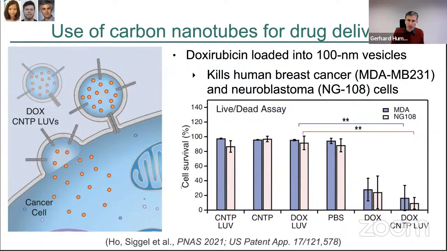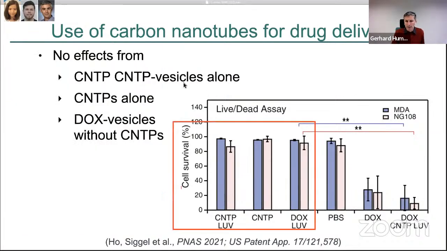And what you can see in this plot of cell survival is that there is no effect if you just have vesicles with carbon nanotubes. So fusion itself is not toxic. If you have just carbon nanotubes, that's also not toxic. If you have the vesicles loaded with doxorubicin, but no carbon nanotubes, there's also no effect.